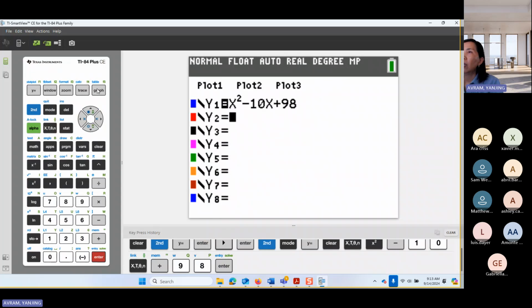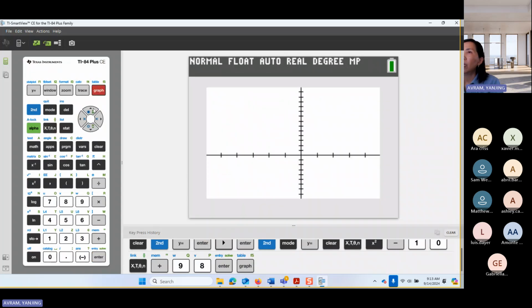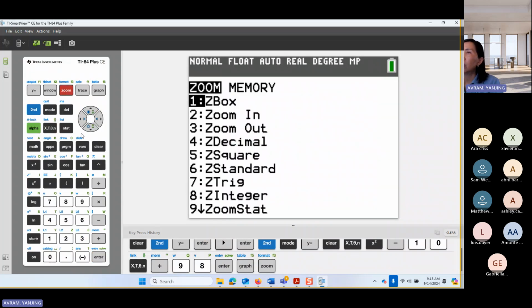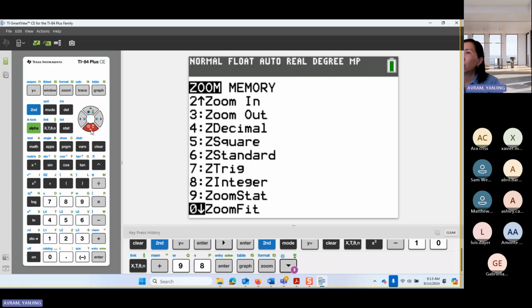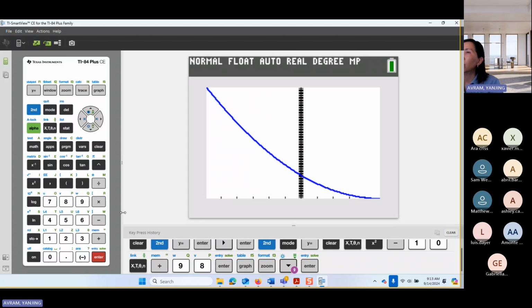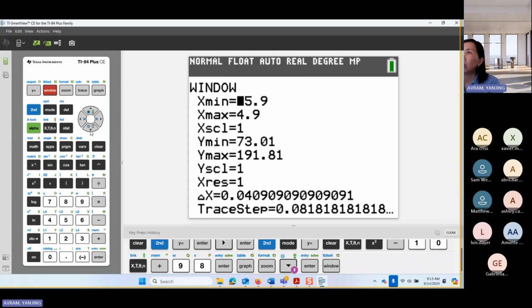Okay, so I will graph that, and if you don't see anything, I can go ahead and use zoom fit. Oh, zoom fit doesn't show that much, so I can adjust my window a little bit.